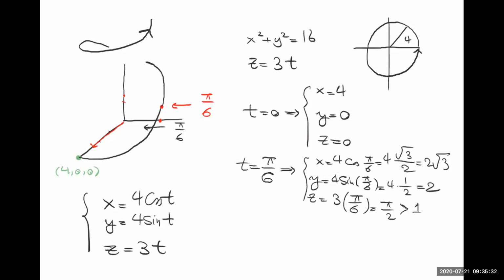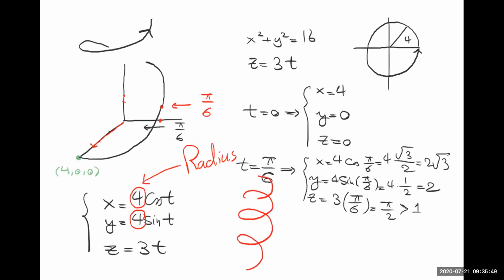There are two or three important numbers here. One of them is the number here. The number here gives us the radius of the circle. So when you have a helix like that, if we just look at its shadow on the ground, we would get a circle. That circle has some radius. That radius is written here.